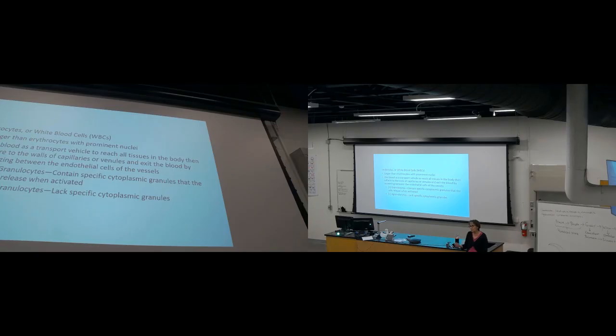So why do we have millions of erythrocytes versus thousands of leukocytes? Need a lot of oxygen? Yes, because we need more oxygen and we are not infected all the time. So that's why there's a huge difference.